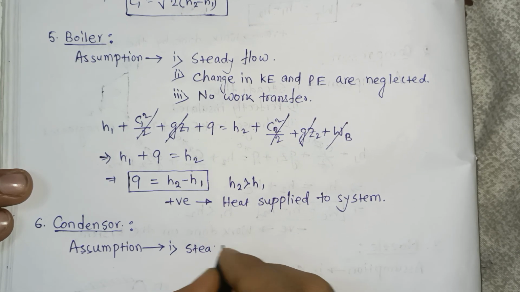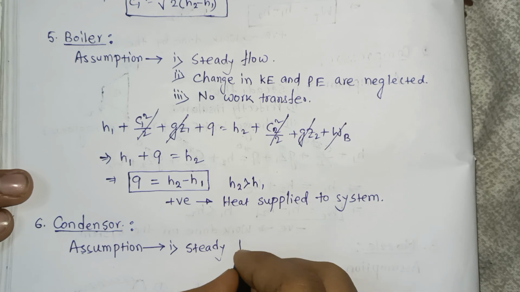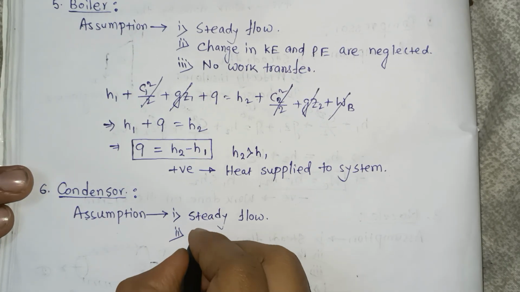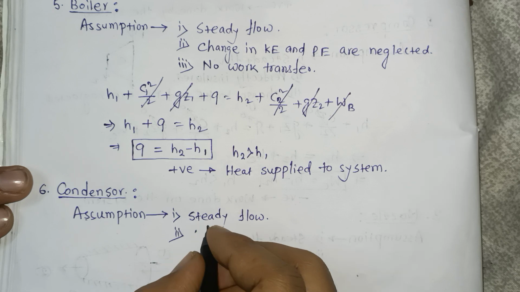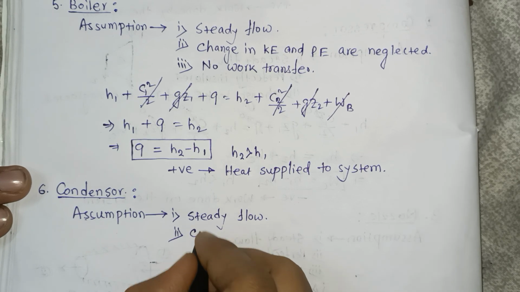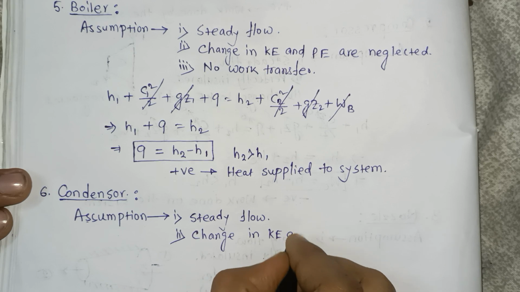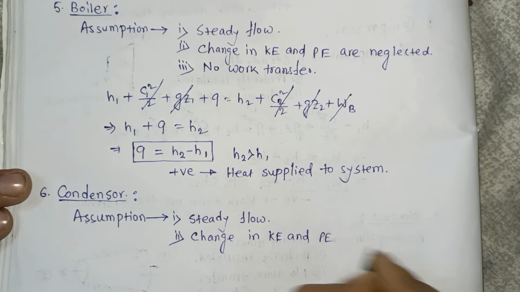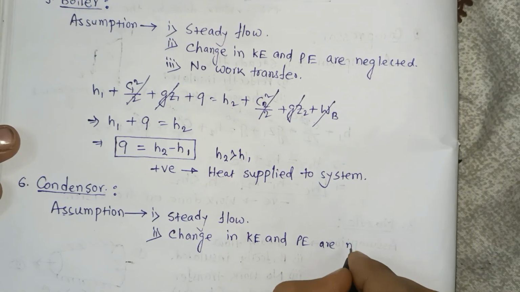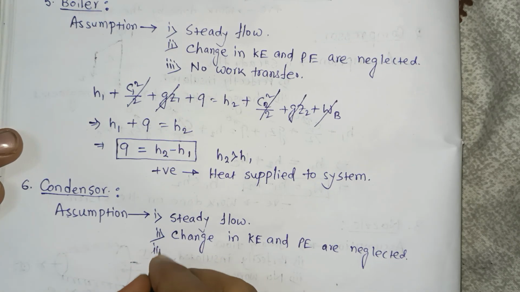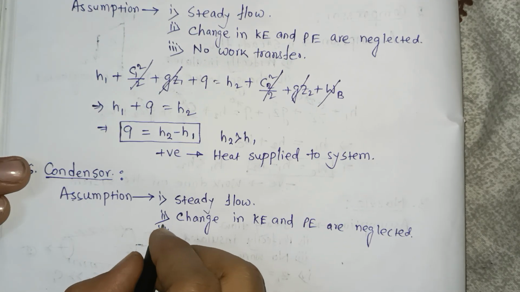For all components there should be steady flow. Second assumption, same as the boiler, change in kinetic energy and potential energy are neglected. Third is that there is no work transfer.